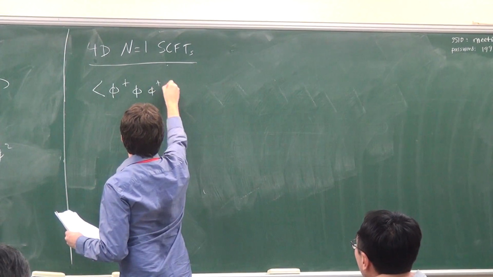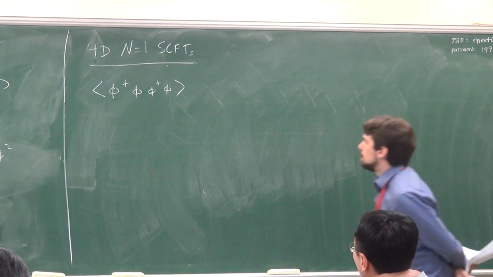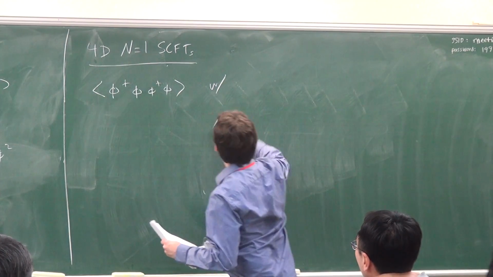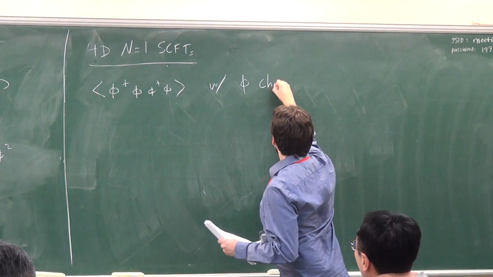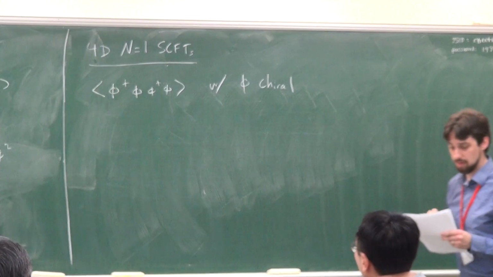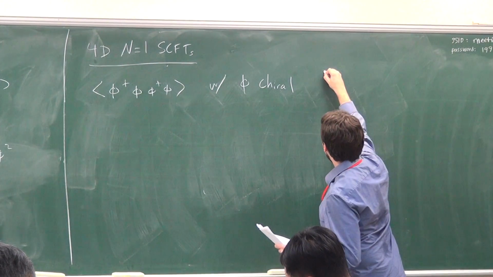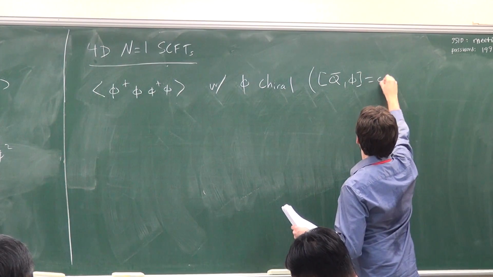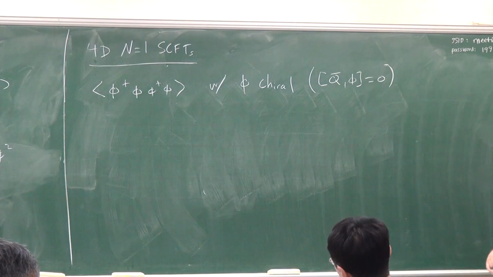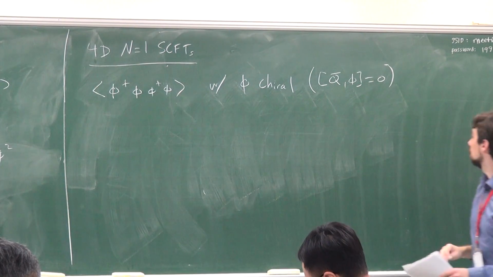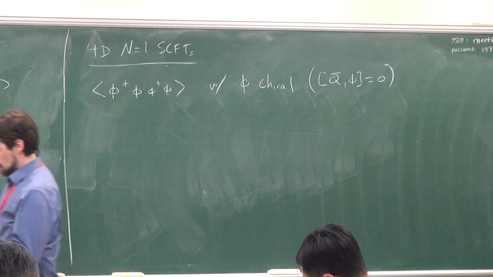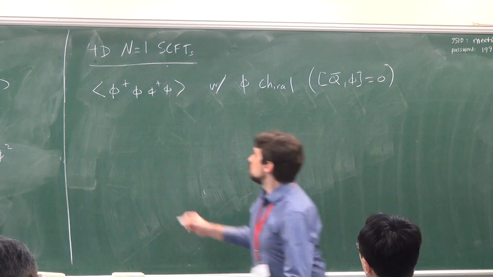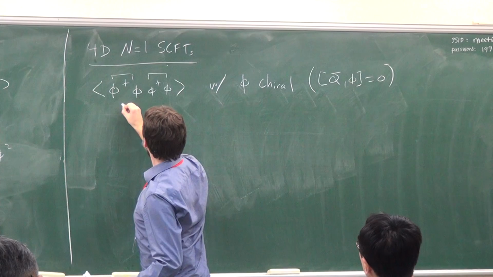So let's consider 4-point functions containing a scalar phi, where phi is a chiral operator. This phi being chiral means it's annihilated by the Q-bar supercharge. And now that we're thinking about this 4-point function, we can expand it in the different OPEs.